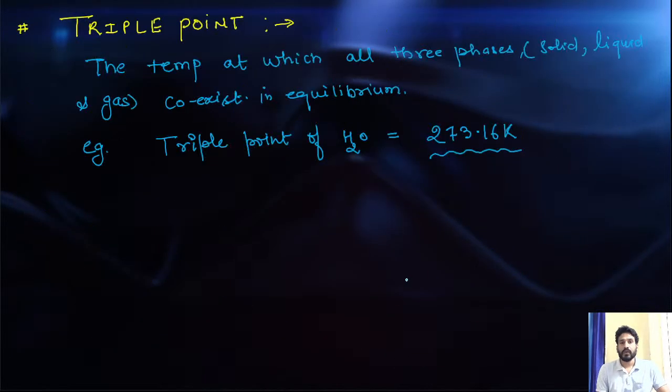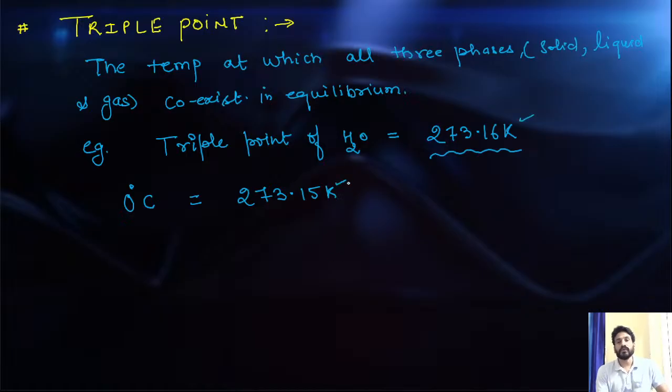Is it clear to you? What is the difference between this 273.16 Kelvin value and this 273.15 Kelvin value?